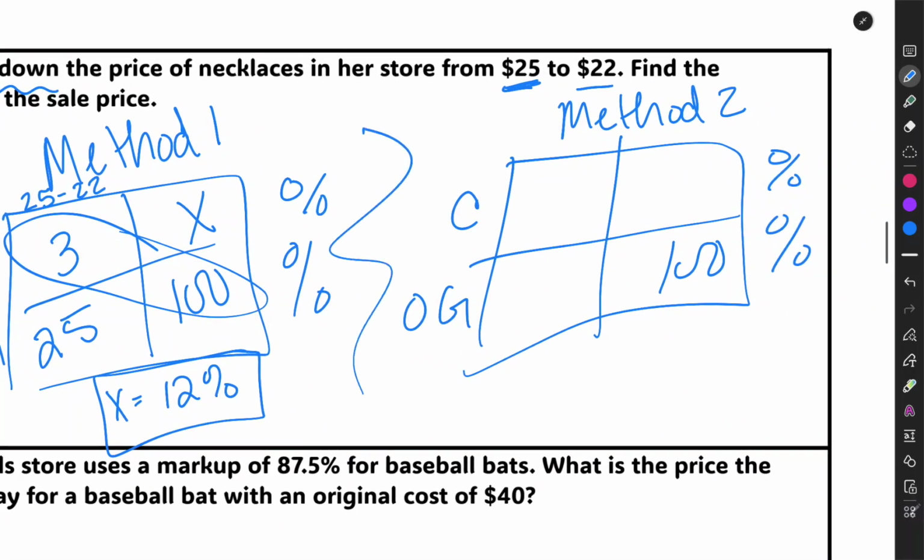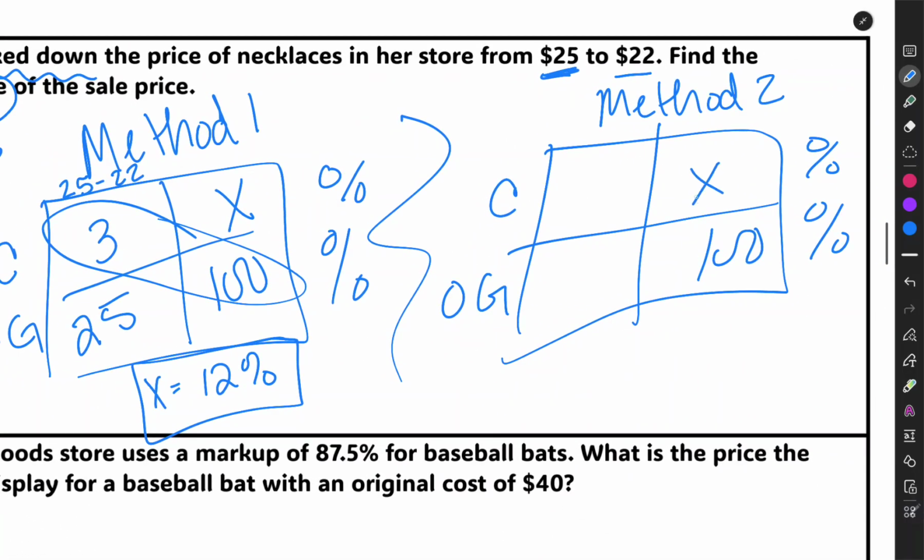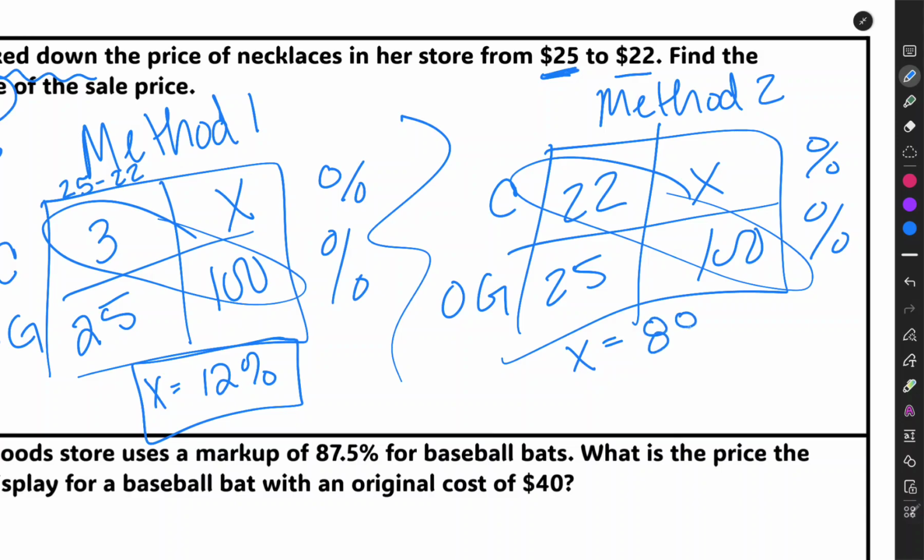Now if I choose to do method 2, and I still don't know this, and I choose to do 25, and then it changed to 22, when I cross multiply and divide, I get that X equals 88%. Now this is not going to work for us because we're looking for the discounted price, whereas this is the percentage we actually paid.